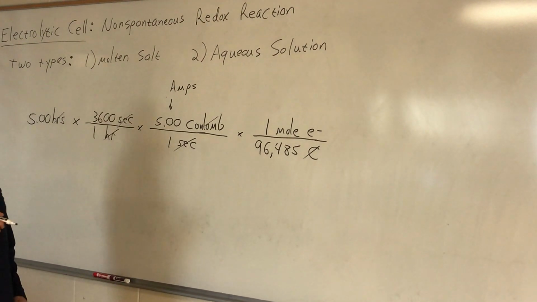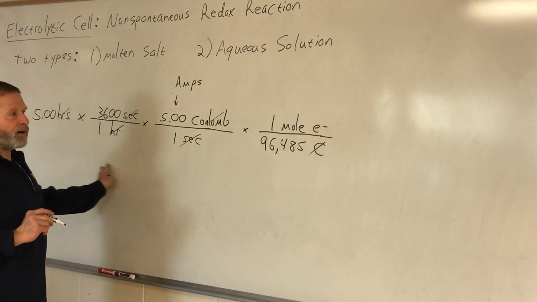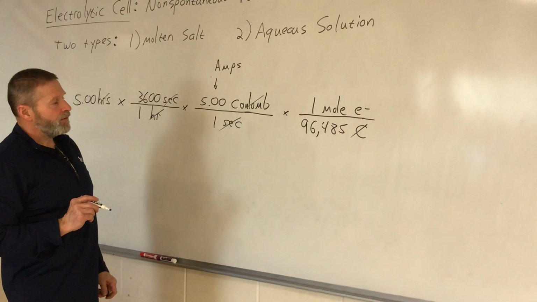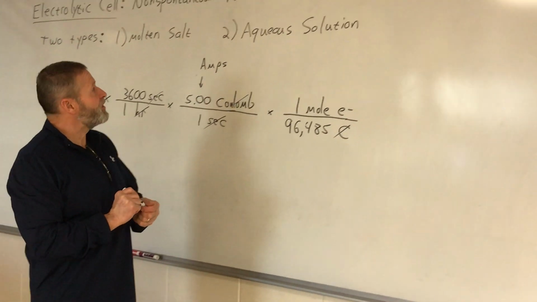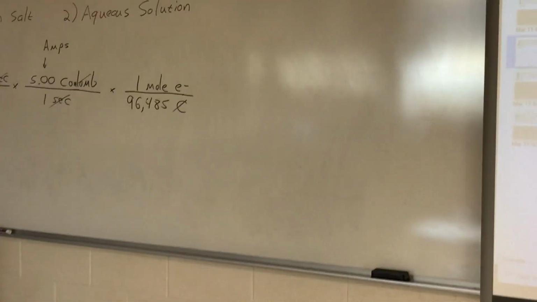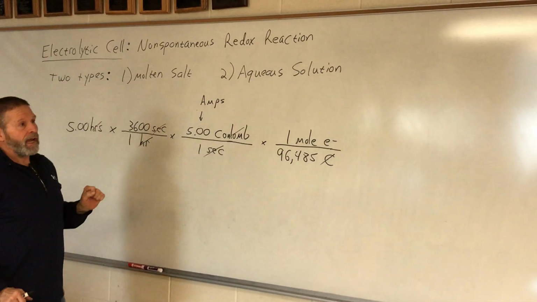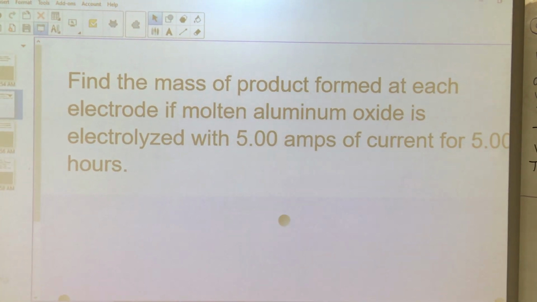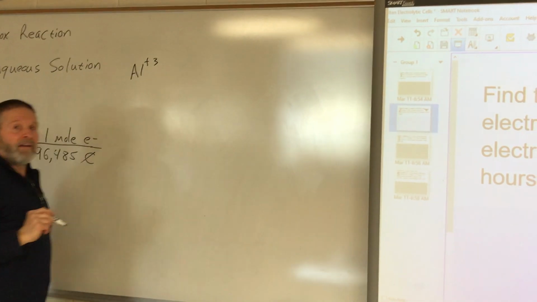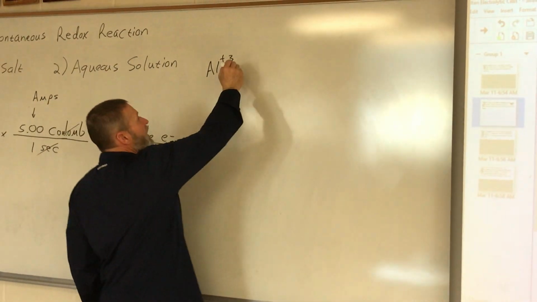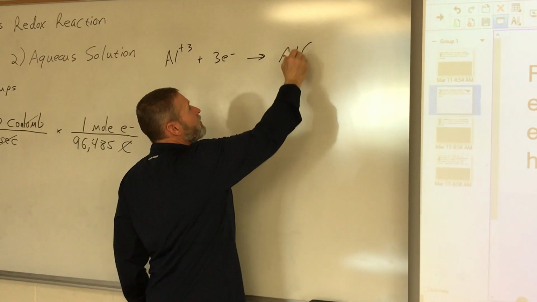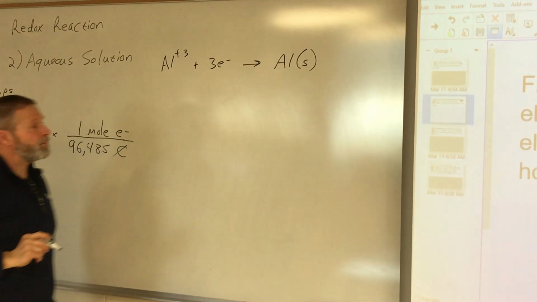If they give you amps and time, you're always going to start the problem in this manner. It's always going to look the same. Okay, now we just have to think about what's going on at our electrodes. If we're electrolyzing molten aluminum oxide, I've got aluminum ions that are going to have to gain 3 electrons in order to reduce to aluminum metal.